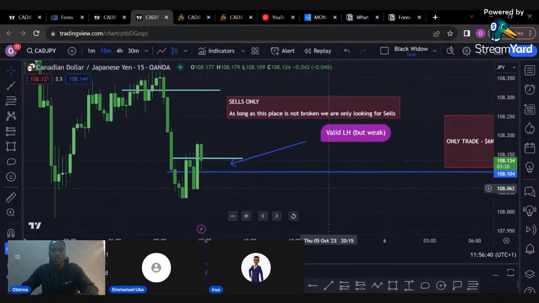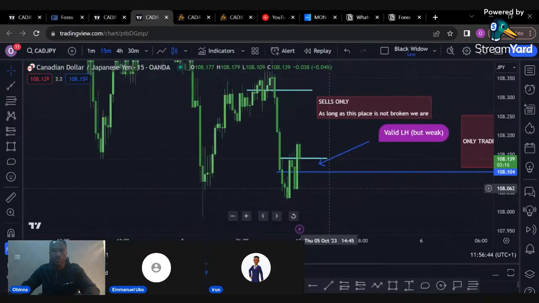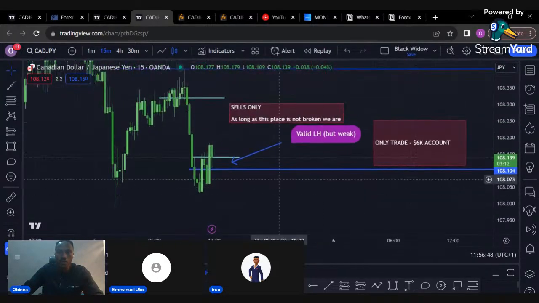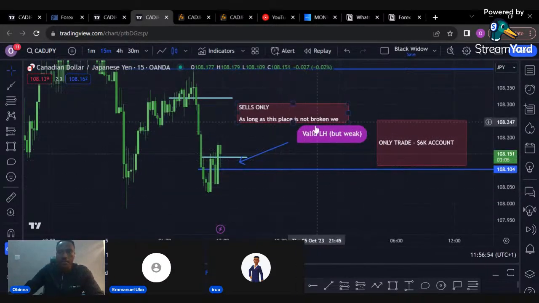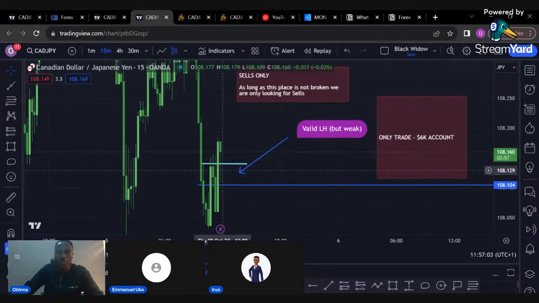So my plan of action here, I'm looking at a counter trend coming up. That's what I'm seeing here, a counter trend.